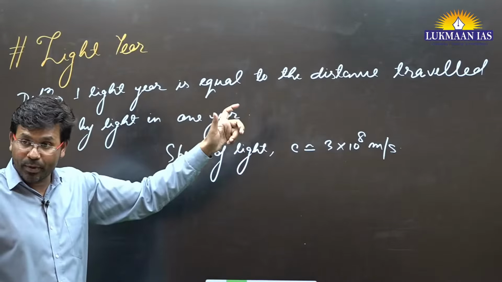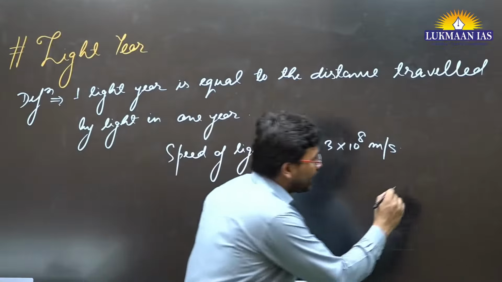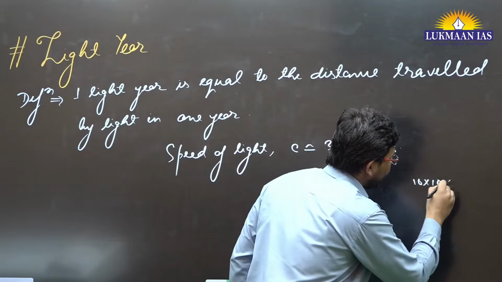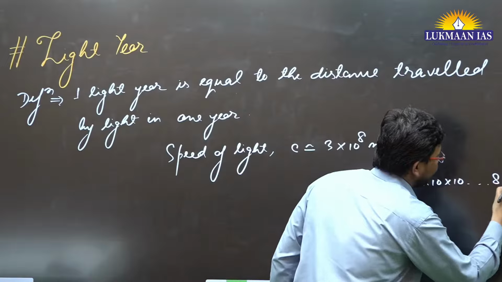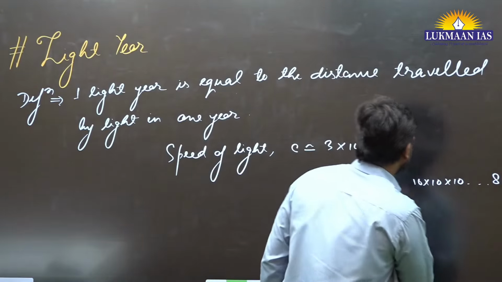What do we mean by 10 raised to power 8? It means if you multiply 10 into 10 into 10, 8 times, you will come across 10 raised to power 8.